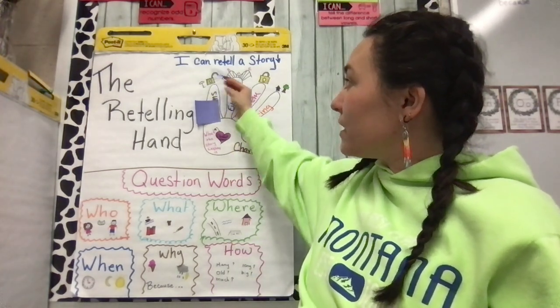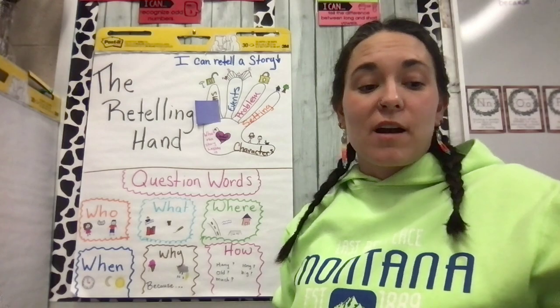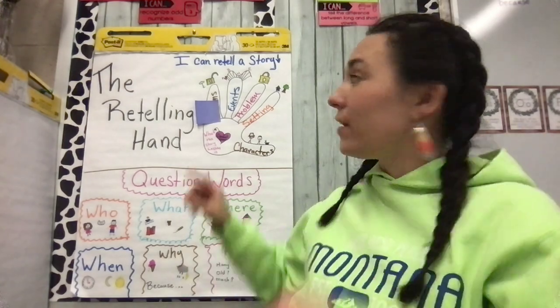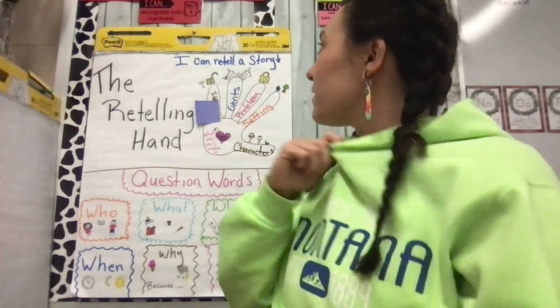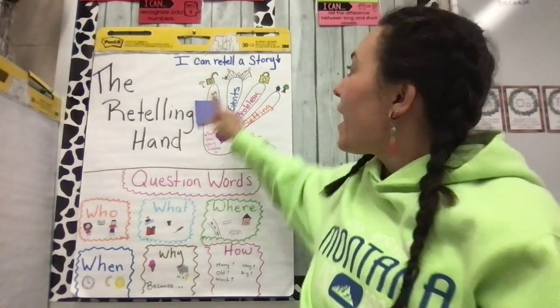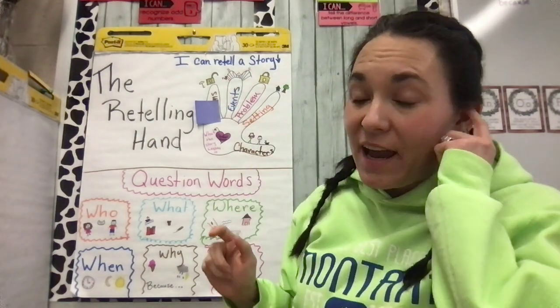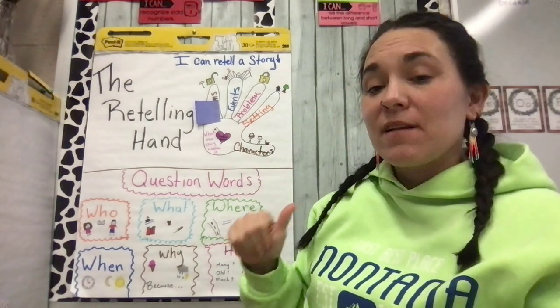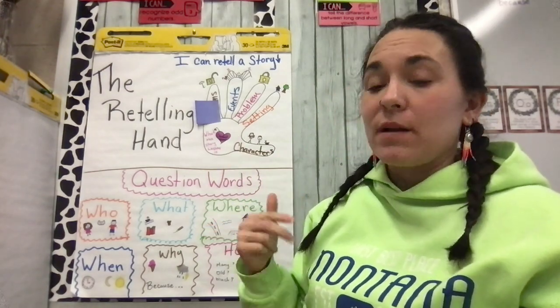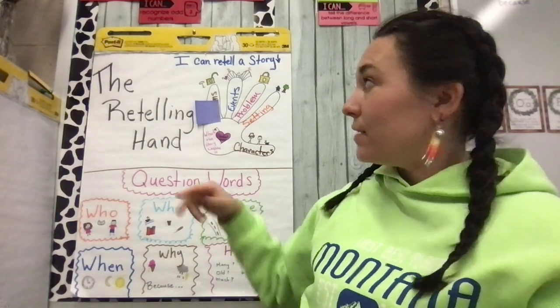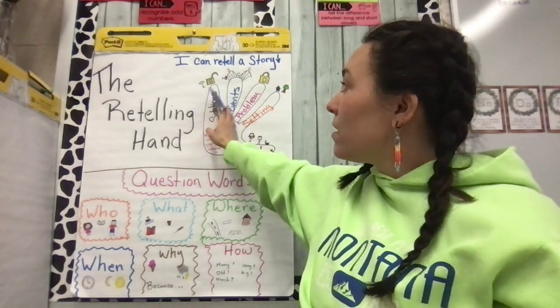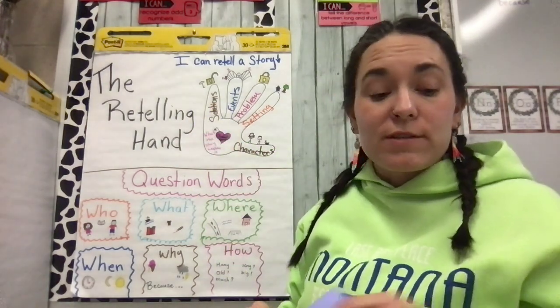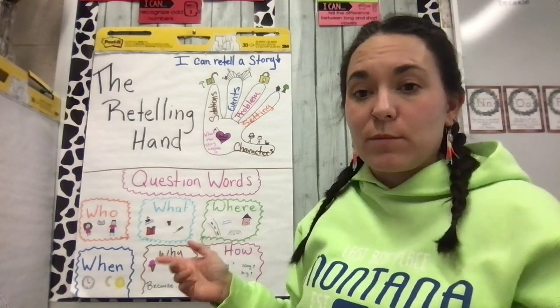Another part of retelling a story is we're going to have to talk about the events. If you can see my poster, you can see it's a little person on a roller coaster, and it has a B, an M, and an E, and that's for beginning, middle, and end. So what's happening in the beginning of the story, what events are happening in the middle, and what events are happening at the end. And then when we retell, most of our stories will have solutions to those problems that we mentioned before.